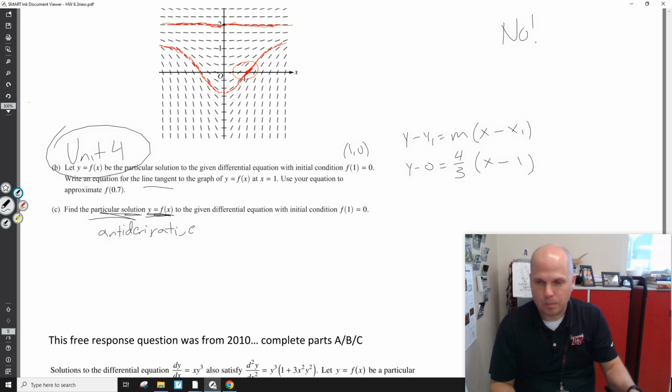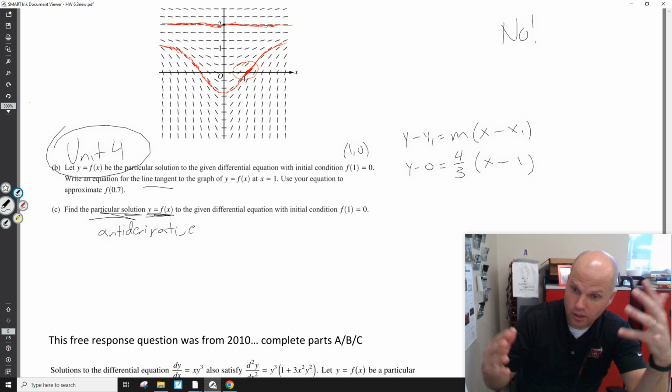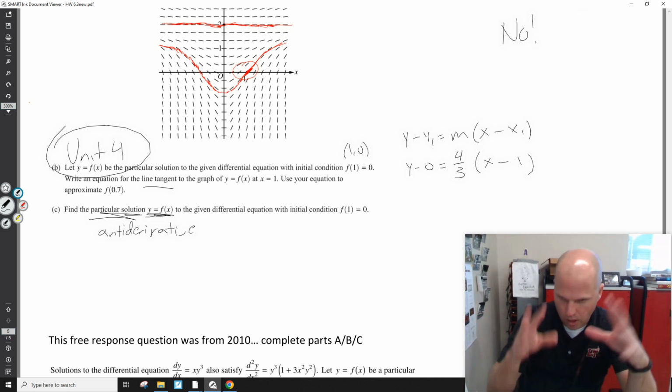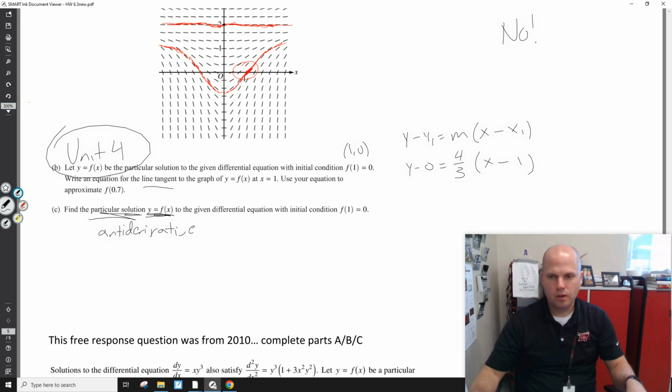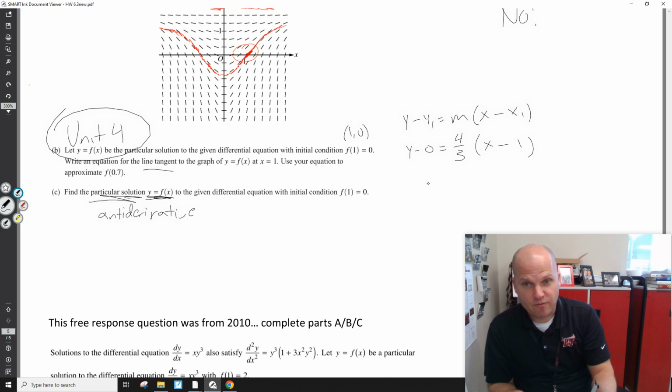4/3 is my slope. You're going to see this on your test where you're going to use a unit 4. It's a unit 4 question as a part of this overarching big free response question. We're going to use it to approximate f of 0.7. Guess what?